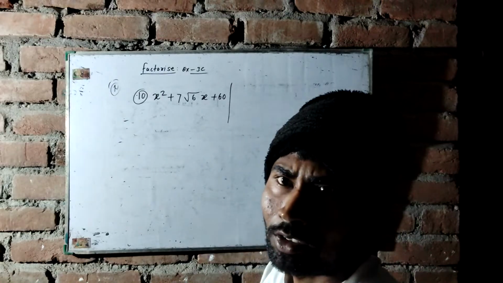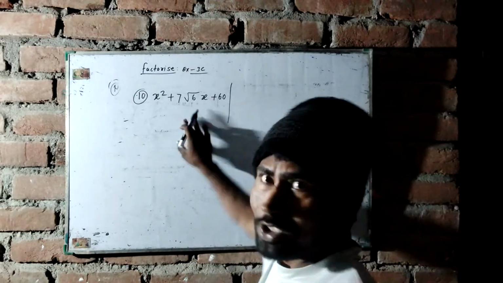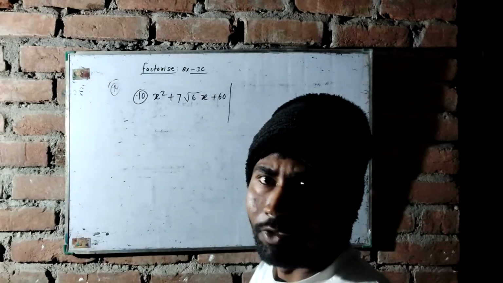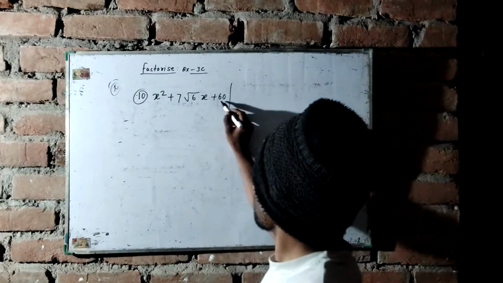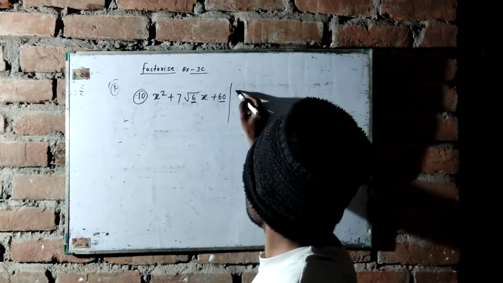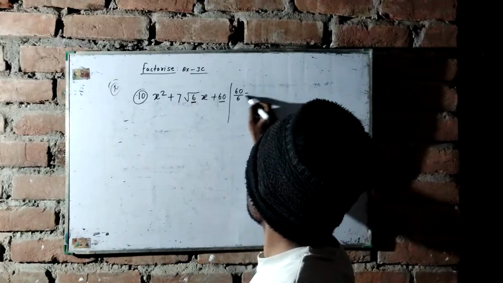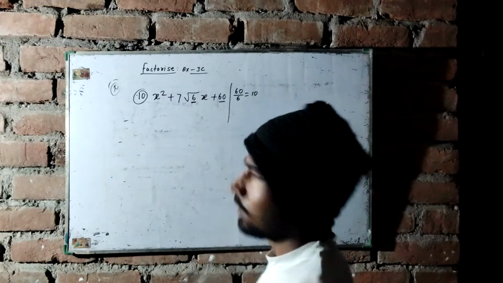First of all, to make this polynomial easy to solve, we have to divide the constant number by 6. So after dividing 60 by 6, we get 10.